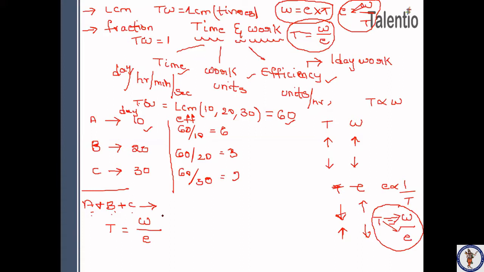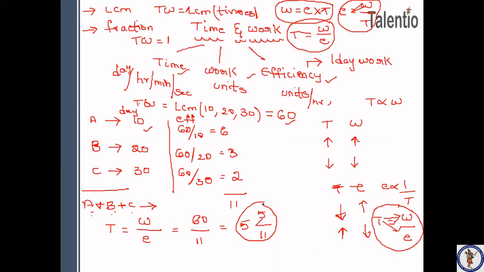So now, what is the combined efficiency of A, B, and C? It is equal to 11. Now they're asking time. So time is equal to work 60 by efficiency 11, which is 5 elevens are 55 and a remainder 5 by 11. So the answer is 5 by 11 days. Clear? This is the only method to follow for each and every question.